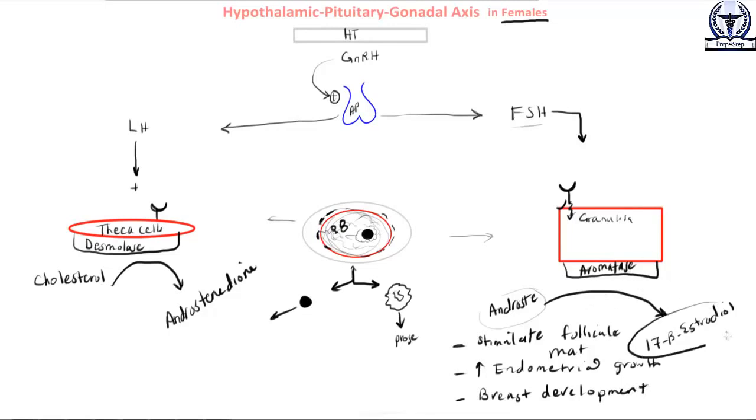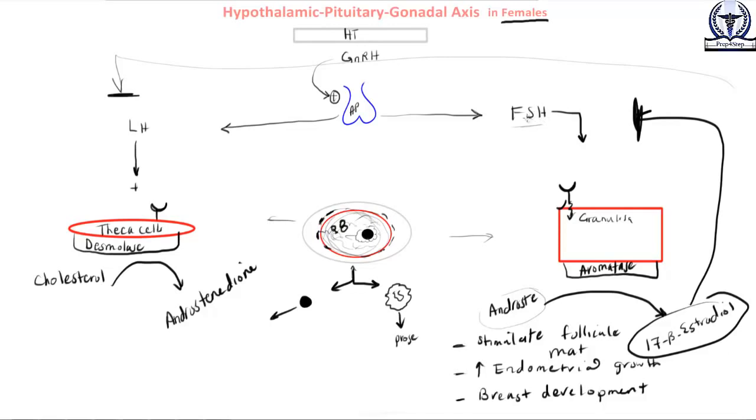Estrogen by itself is also going to cause a negative feedback. It could cause a feedback on FSH and LH. It could block this, and it could also block the LH on this side as well. So it can completely block the anterior pituitary if it increases so much.